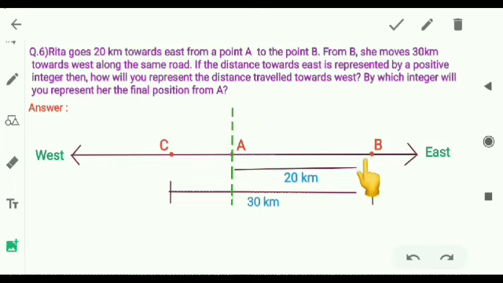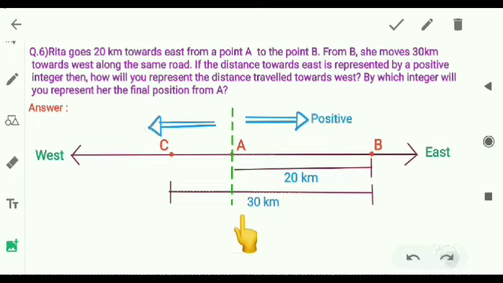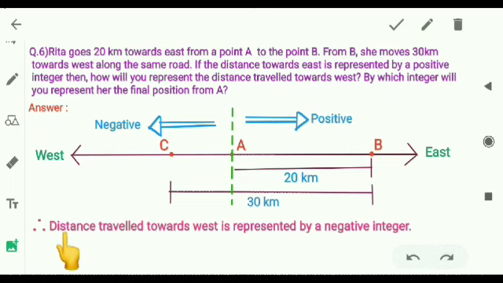That means the right hand side of point A is a positive integer, and the left hand side is negative. So that means distance towards the west is represented by a negative integer. So this is the answer of question number one. That means distance traveled towards west is represented by a negative integer.